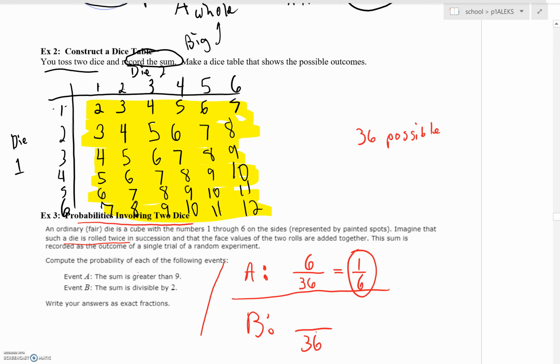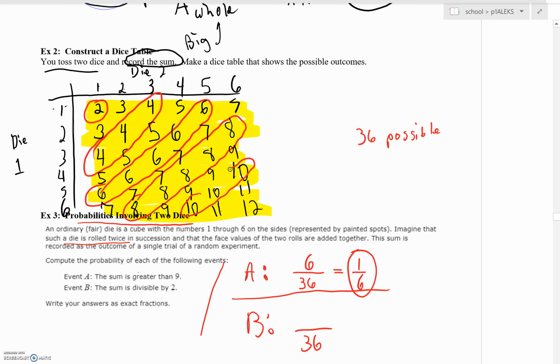But if I am divisible by 2, I have to have either a 2, a 4, a 6, an 8, a 10, or a 12. In other words, these sums are even.